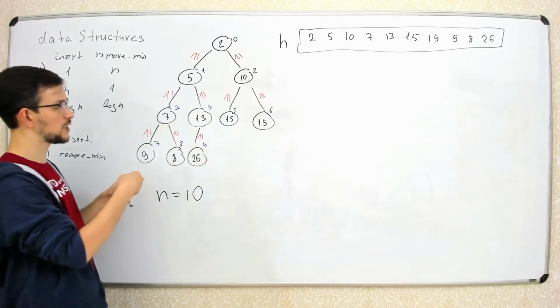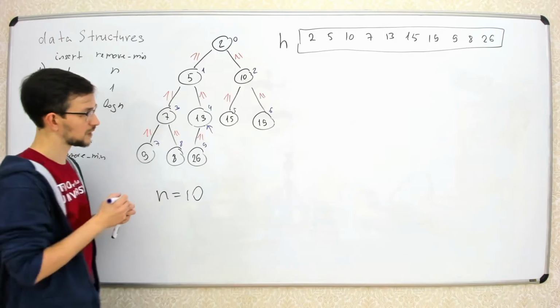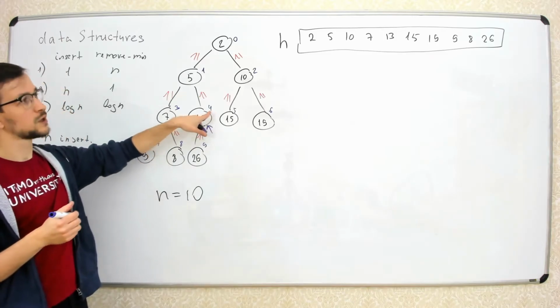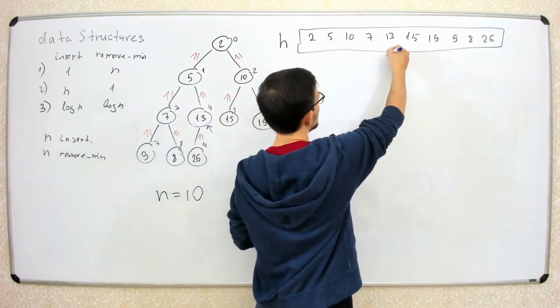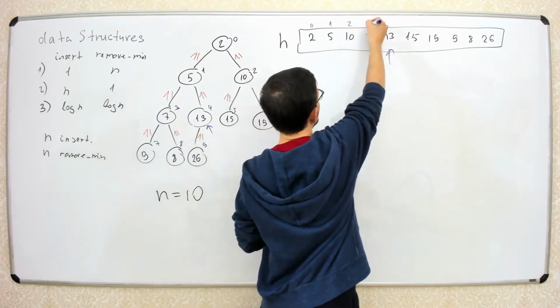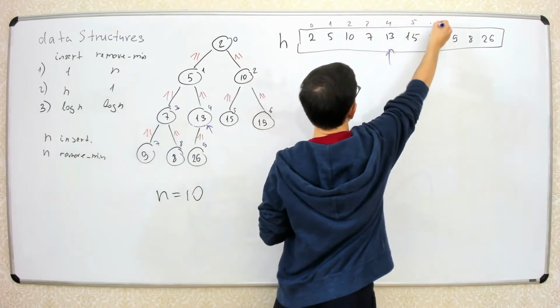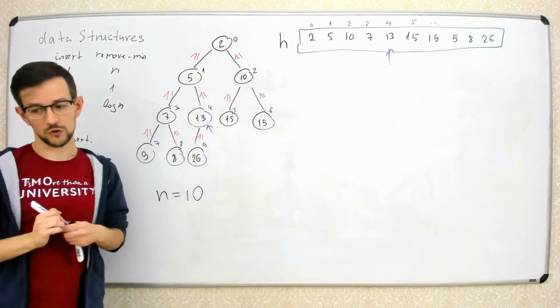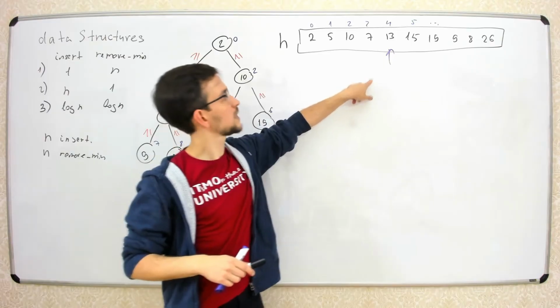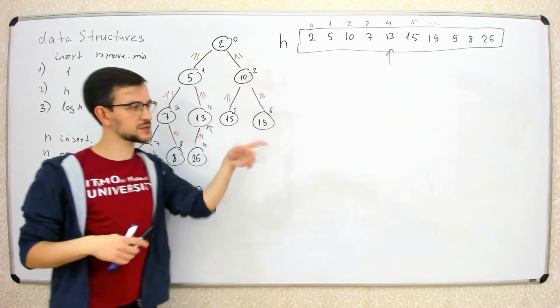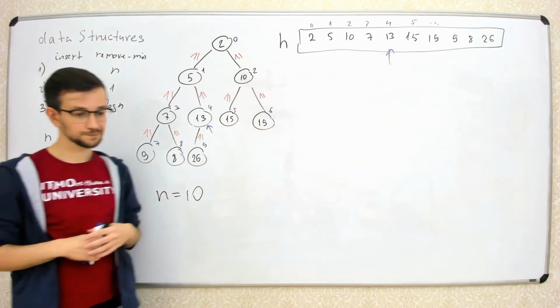So for example, we want to access this element. It has index 4. So we go into this array and find the element of index 4. We take this index, go to the array, find the element of this index, and this is the element of this node.